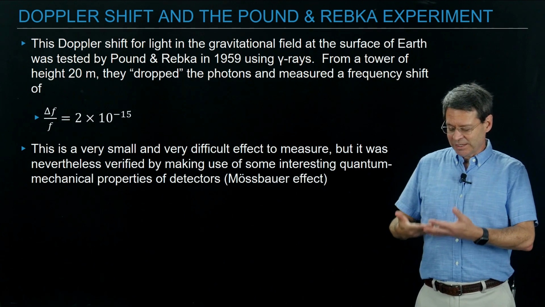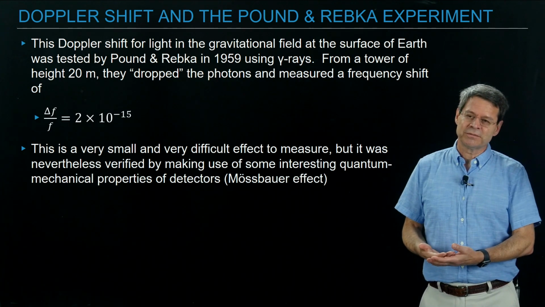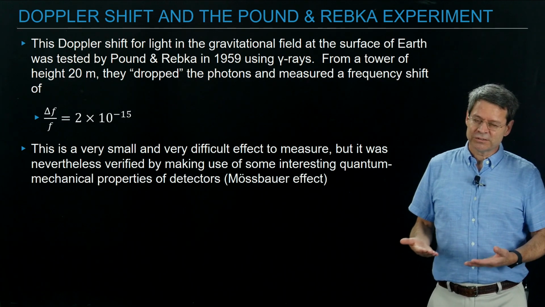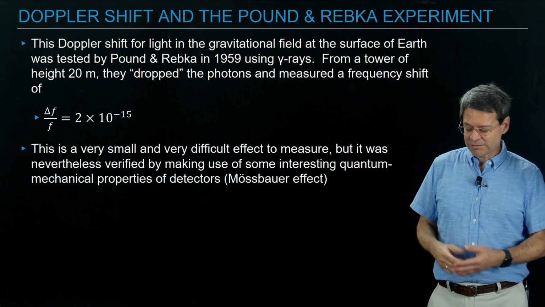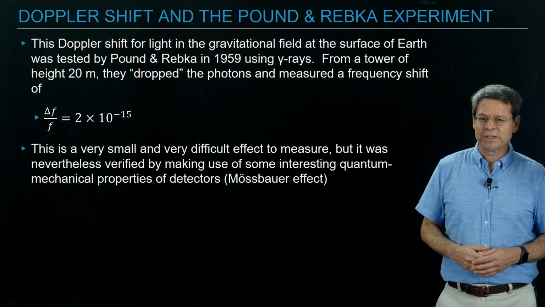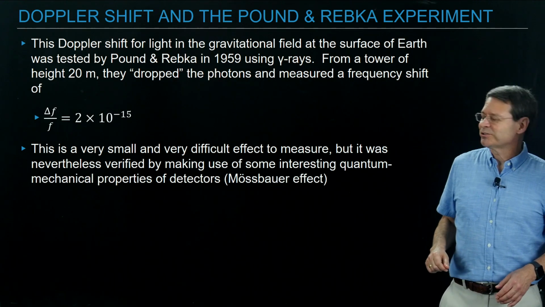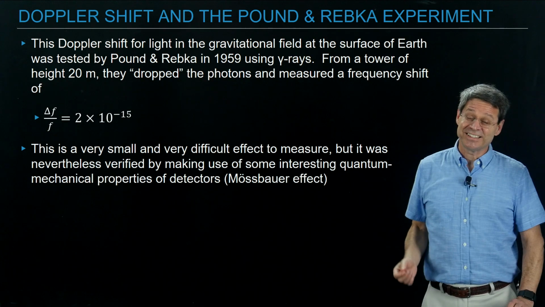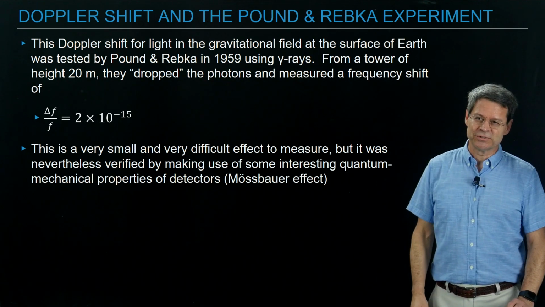But if that energy that's absorbed is absorbed by all atoms making up that detector collectively, then it can still receive the same momentum, but the absorption of that will have less variation due to the uncertainty principle. Anyway, long story short, they were able to see this very, very tiny fractional change and see that indeed light changes frequency going up or down a gravitational field.